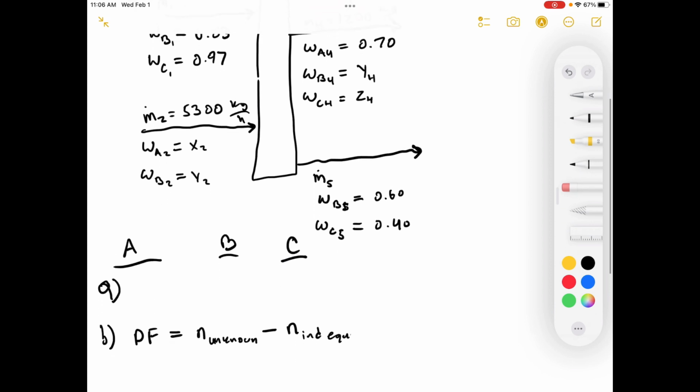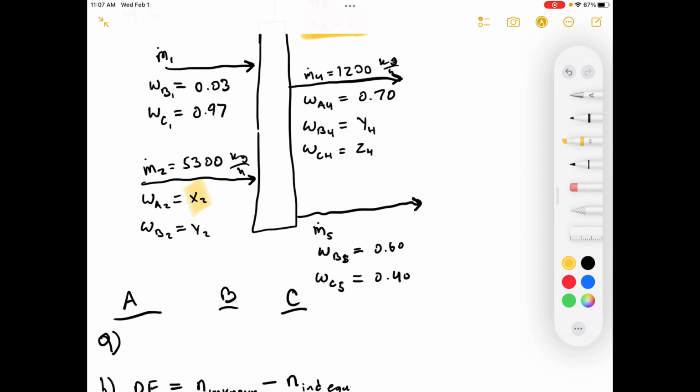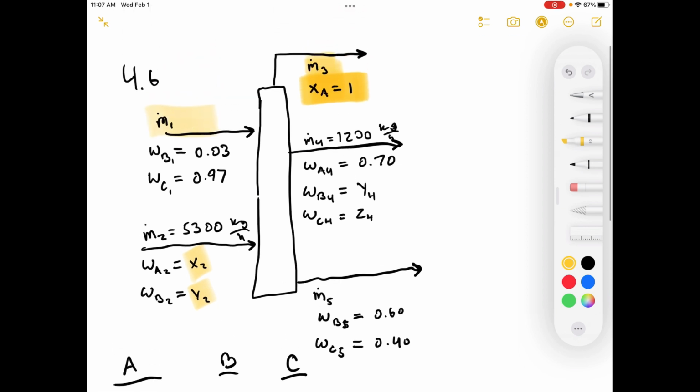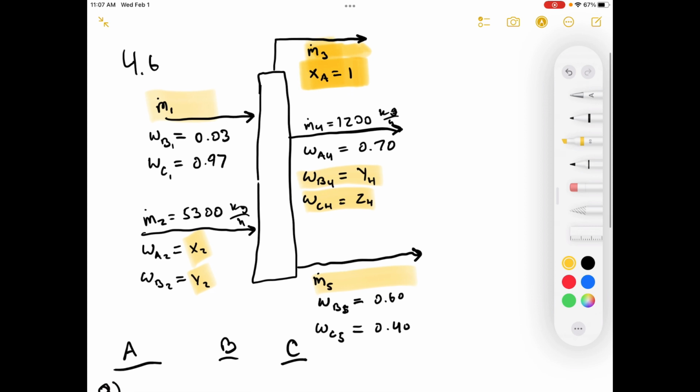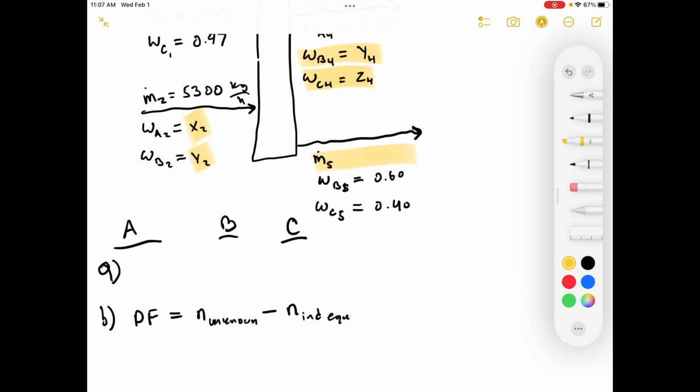So let's look at how many unknowns we have: 1, 2, 3, 4, 5, 6, 7 unknowns in this problem. So we have 7 unknowns.